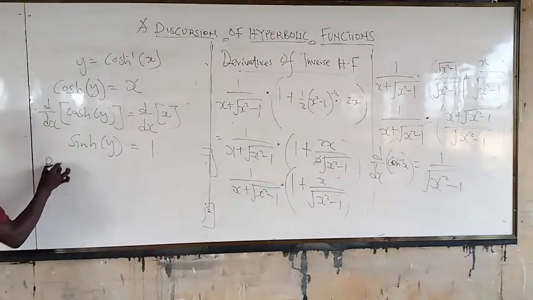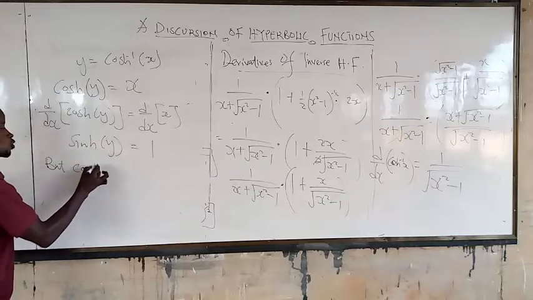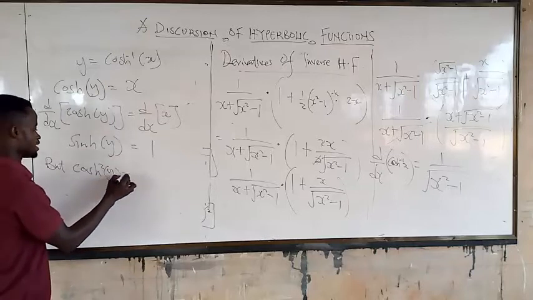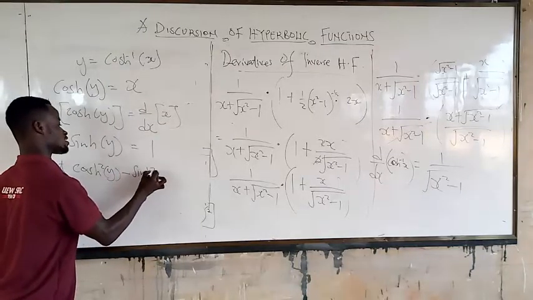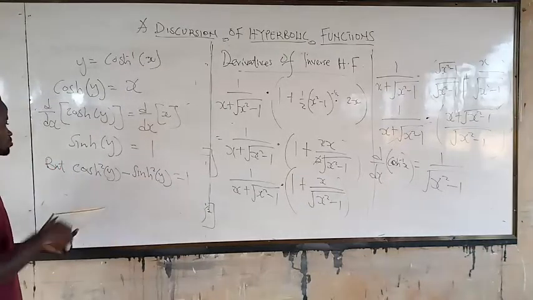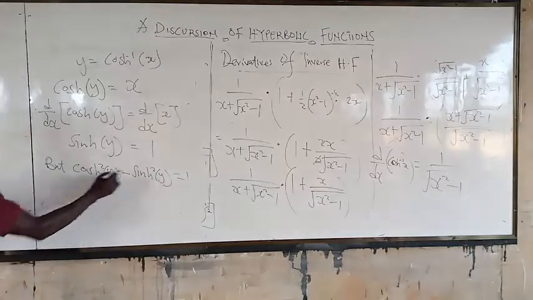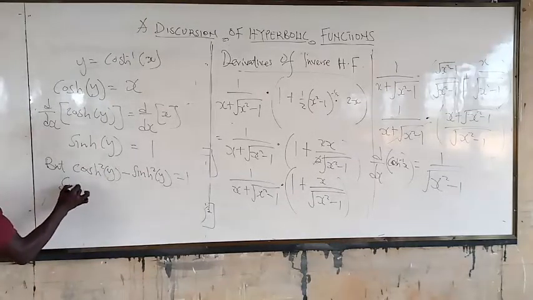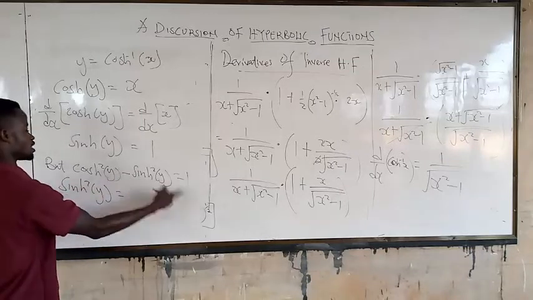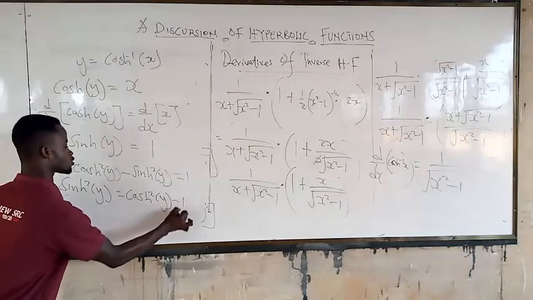But we know that cos square y, since the angle is y, minus sin square y is equal to what? 1. And since this is equal to 1, we can make sin square y the subject, send this one here, this one here, so we get cos square y minus 1.